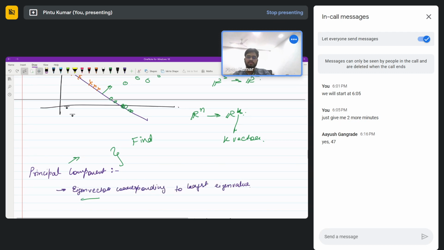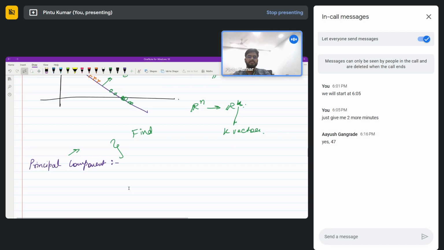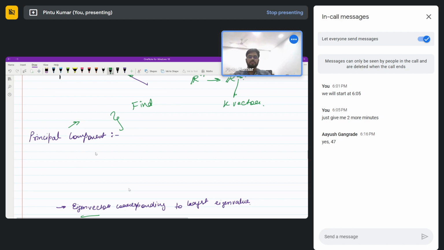So let's say you have a data set having features x1, x2, and so on till xn. Whenever I say n, that means this is the dimension of your original space. Whenever I say k, that would mean the reduced dimension. So let's say you have a data set with n features and you want to project it into k.